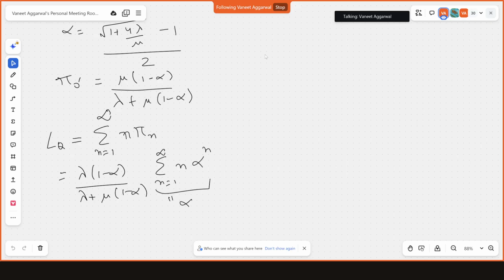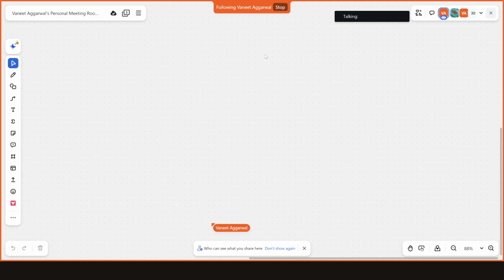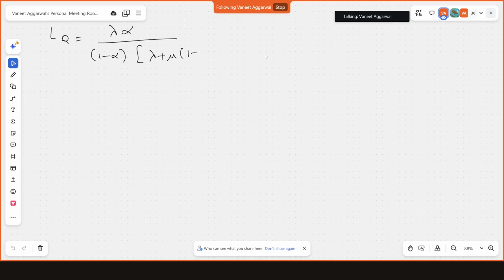This is given as alpha over 1 minus alpha square. So we substitute this, 1 over alpha will cancel here with one of them. So we can have the overall expression, LQ is lambda alpha over 1 minus alpha. So I have calculated LQ.